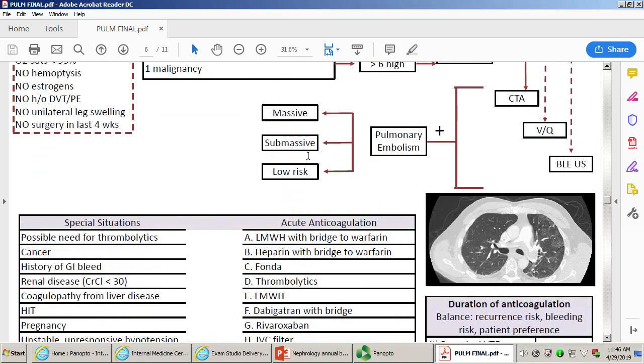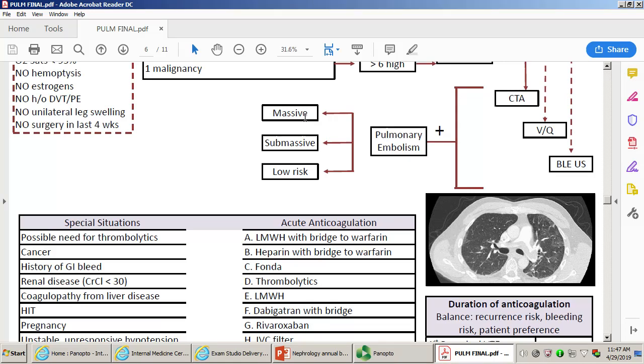Somebody has a submassive PE, and this person's making you really nervous. You might have to pull that trigger soon if they get worse. What anticoagulation would you pick?